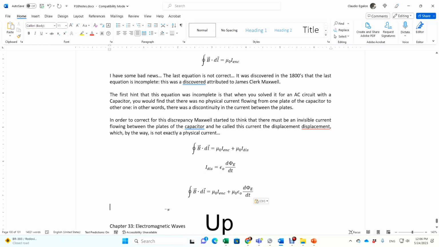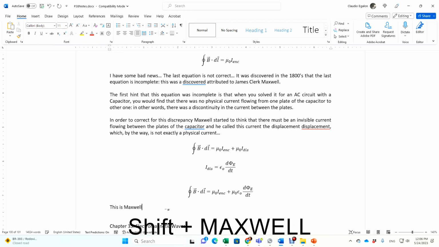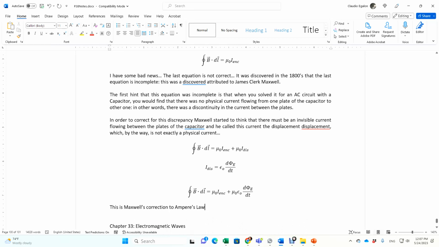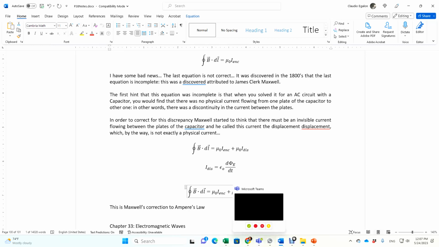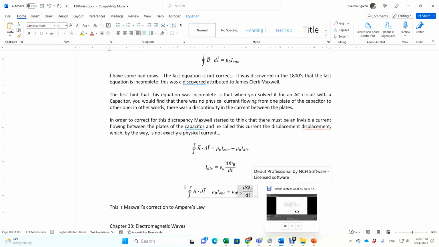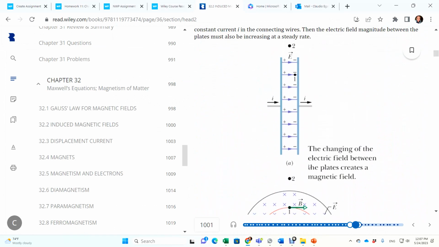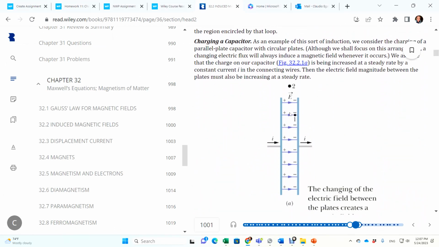This is Maxwell's correction to Ampere's law. And the displacement current I'm talking about is closely related to the electric field that we have here inside this capacitor.